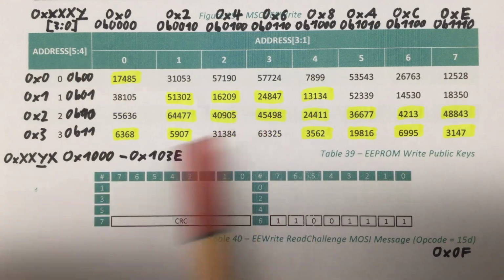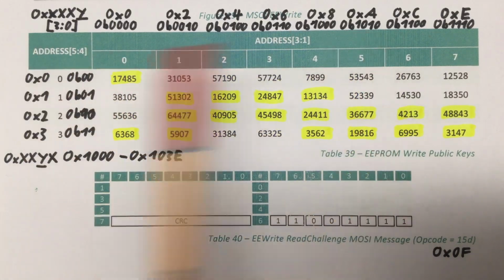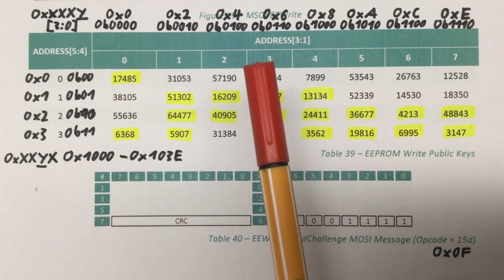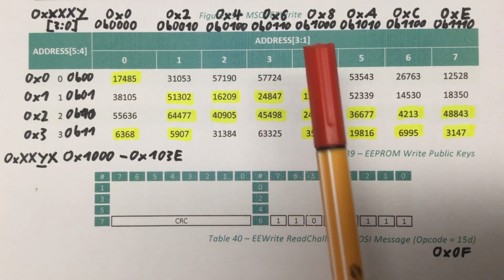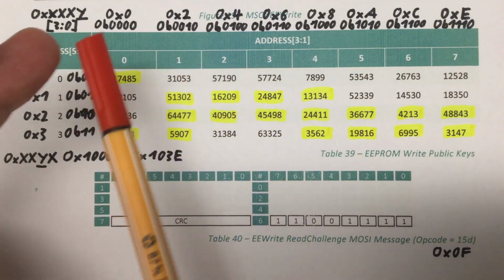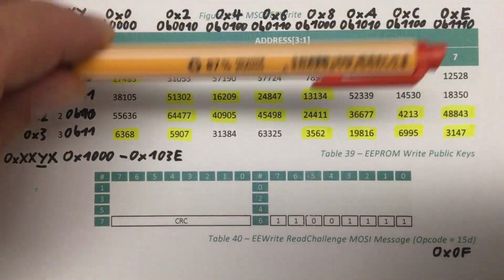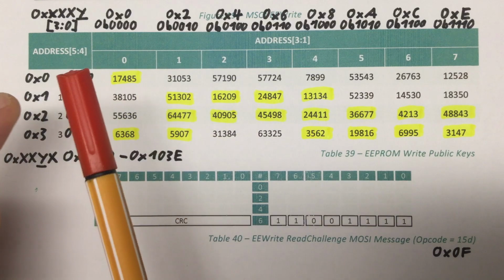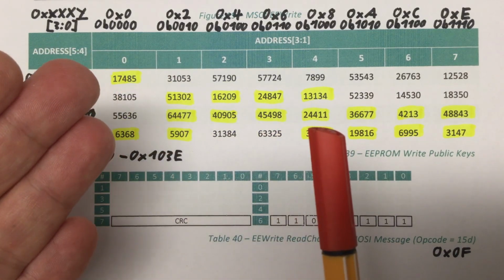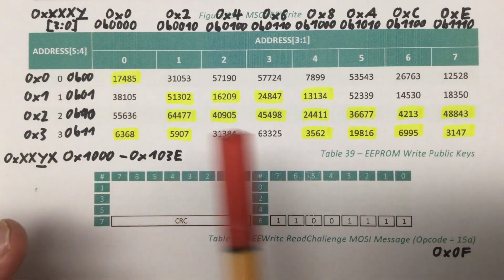Here's the table where we are supposed to look up a key for a certain address. The columns represent the address bits 3, 2 and 1. Remember, bit 0 is always 0 because only even addresses are allowed. And the rows represent the address bits 5 and 4. Pretty unreadable. That's why I scribbled a lot around it.